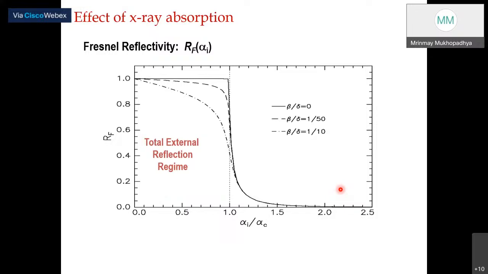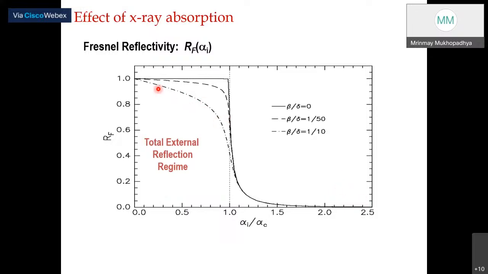So that means it has a real part, which is n1 or n prime, and the imaginary part, which is n double prime or n2. In physics, the imaginary part is associated with the absorption of the material. So delta is the real refractive index part that you can measure, and beta is related to the absorption of the material.